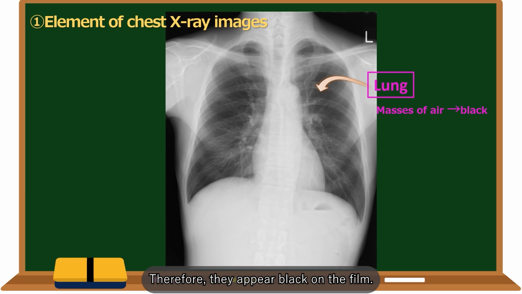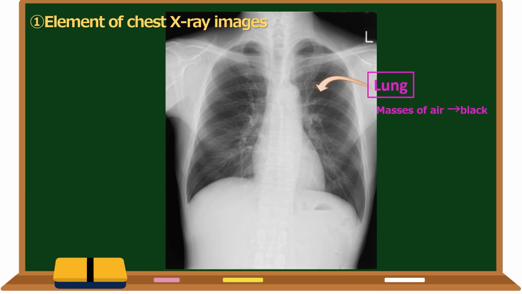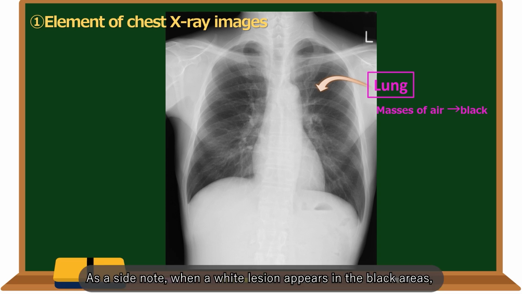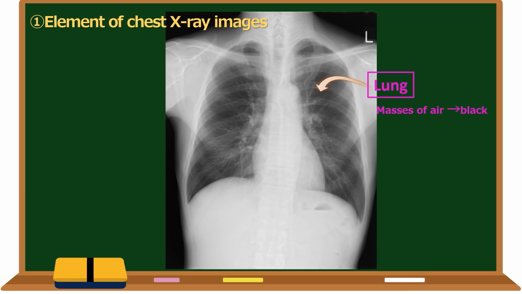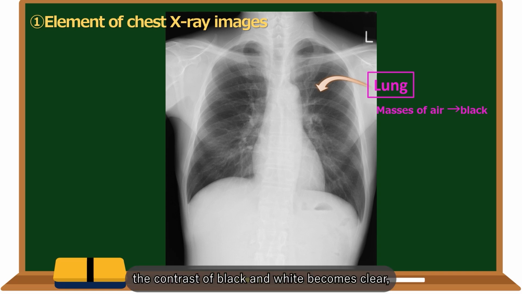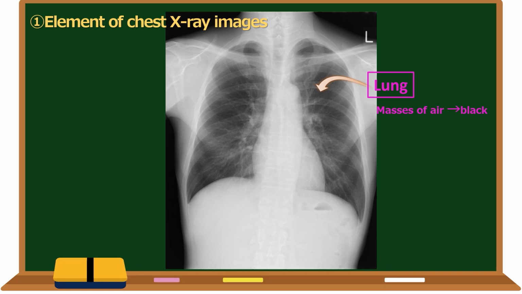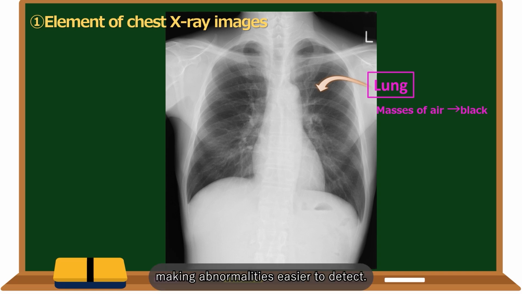Therefore, they appear black on the film. As a side note, when a white region appears in the black areas, the contrast of black and white becomes clear, making abnormalities easier to detect.